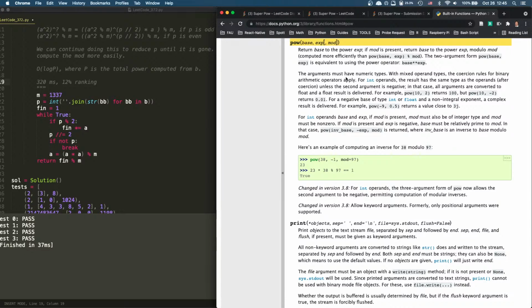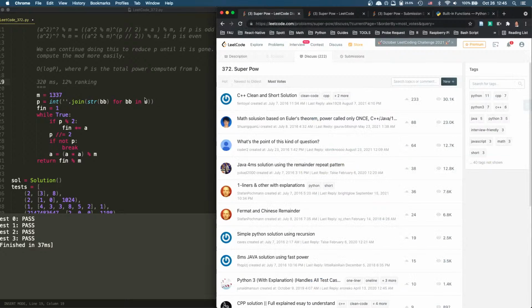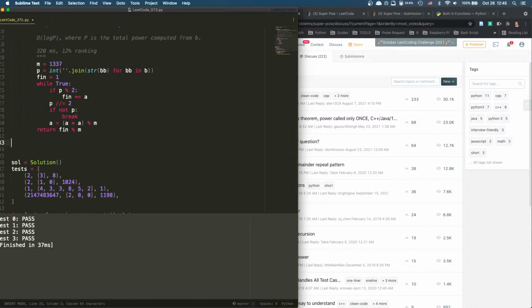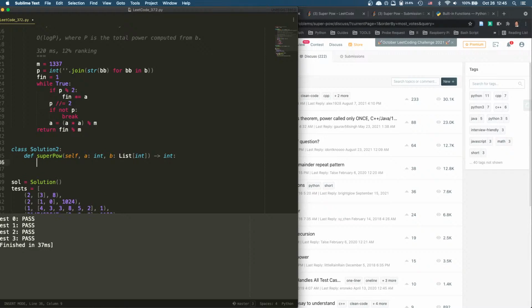Wow. Wow, there's a built-in function for this. I did not know. Well, now you learned there is a built-in function for this. The pow built-in function is specifically for this.